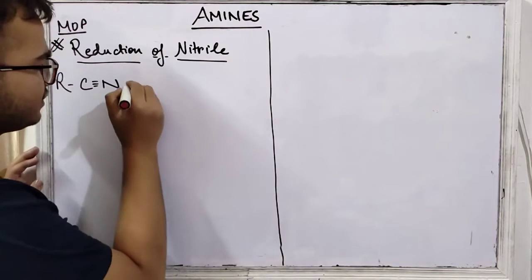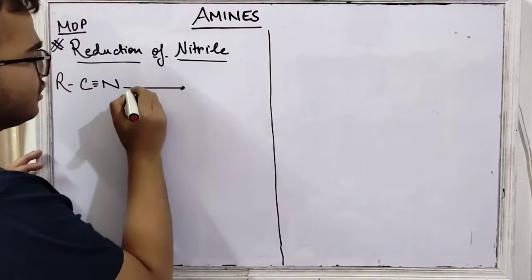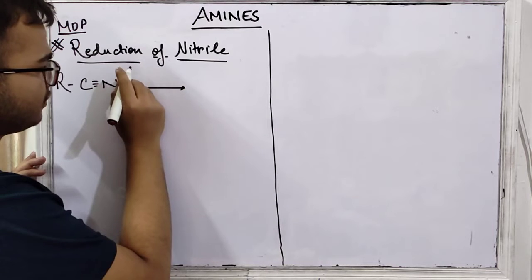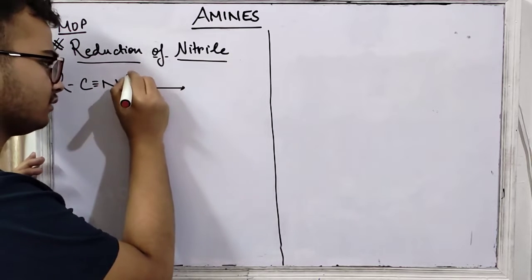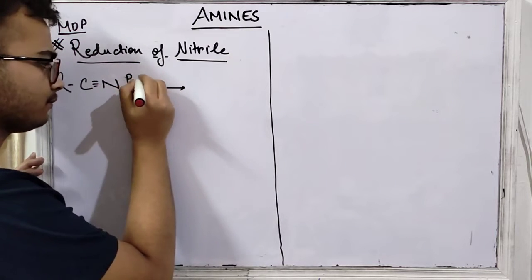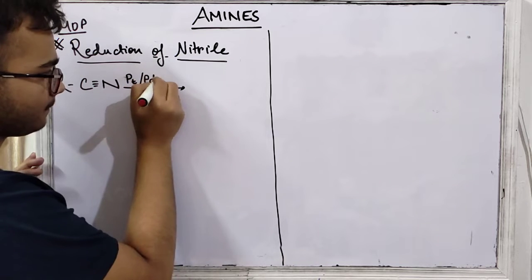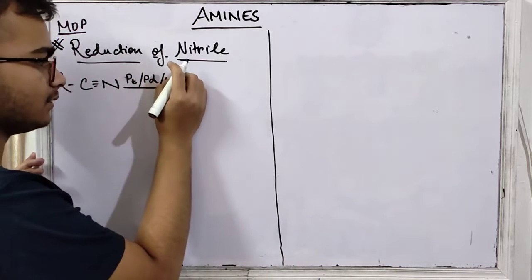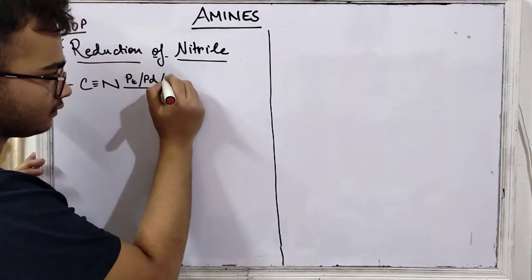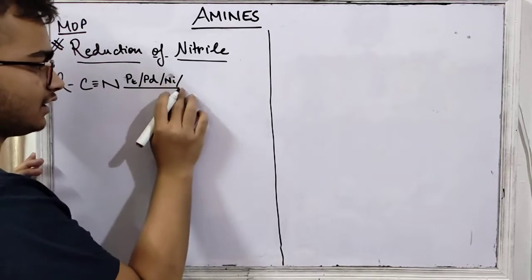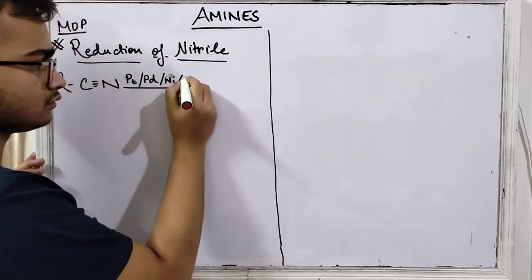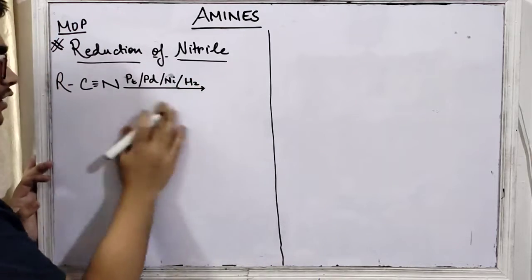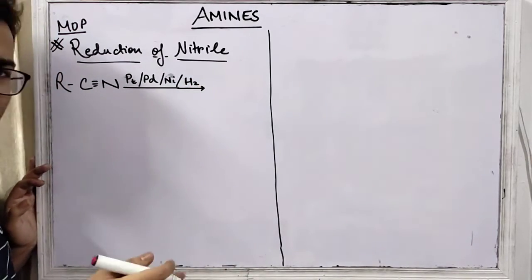So what happens in direct reduction is you take platinum, palladium, nickel, hydrogen catalyst. Now what happens here is simply we will get an amine.